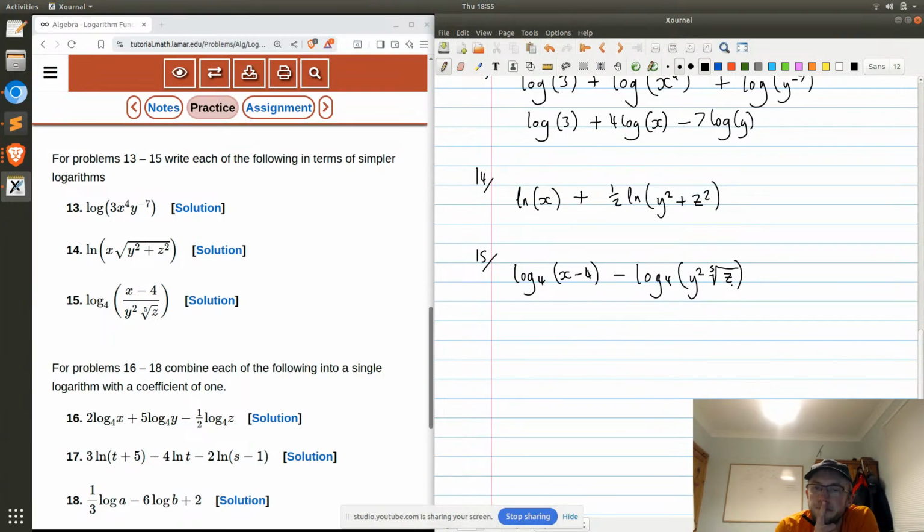But wouldn't that be log base 4 of y squared plus log base 4 of 5th root of z? I think it would. So I'm going to try and get to the end in one step.